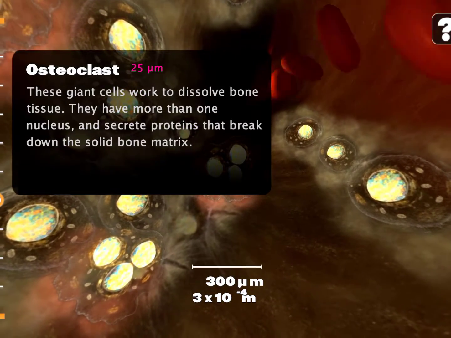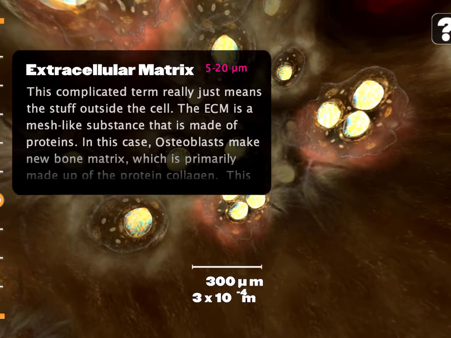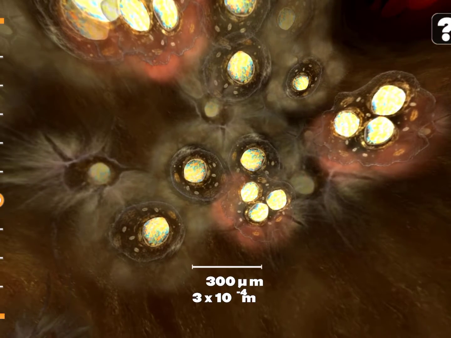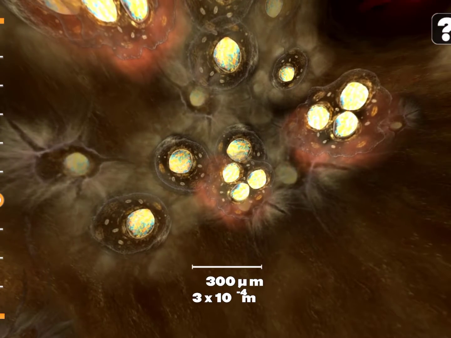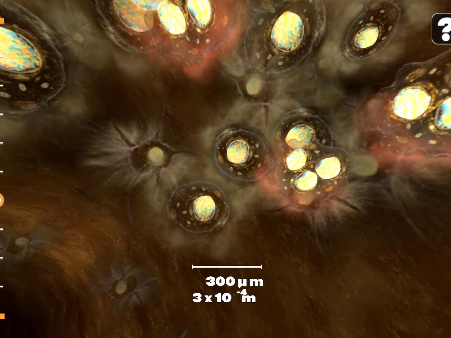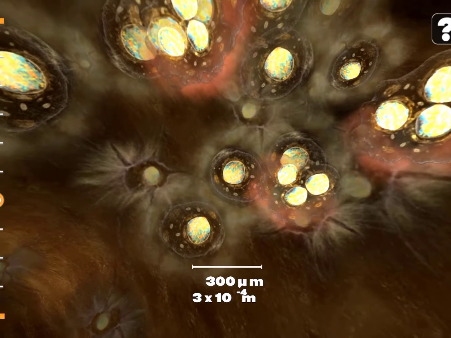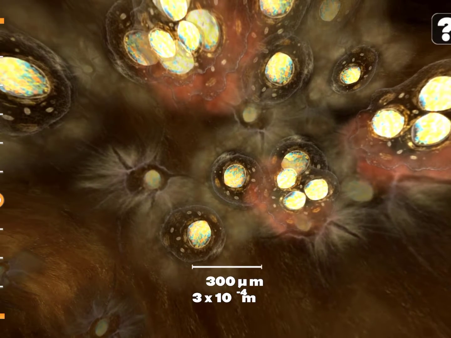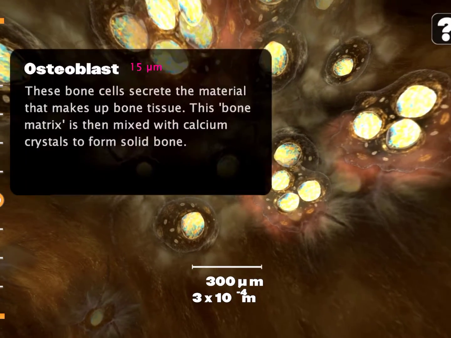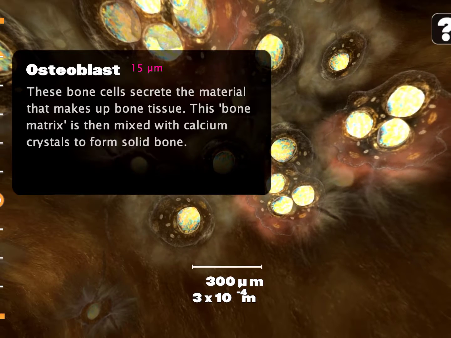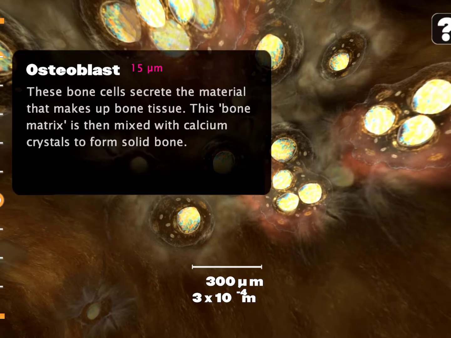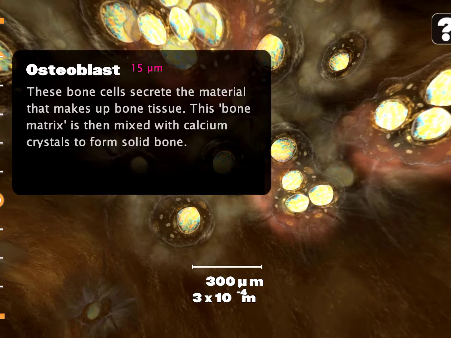And then the cell kind of in the middle here that's just round and has one nucleus would be an osteoblast. You can see it is secreting not that red stuff, but that little white stuff.